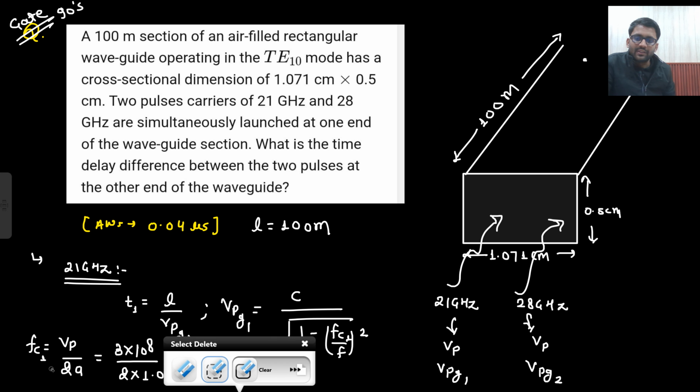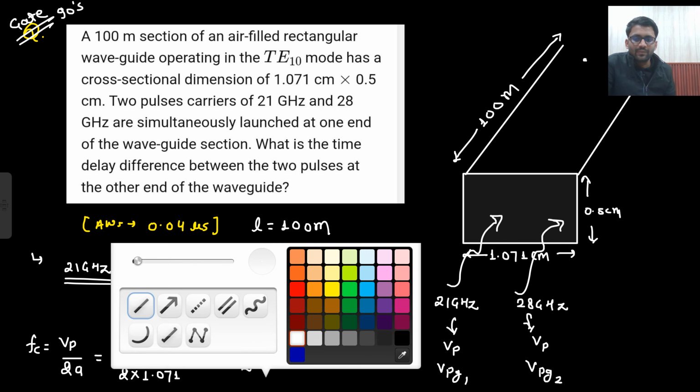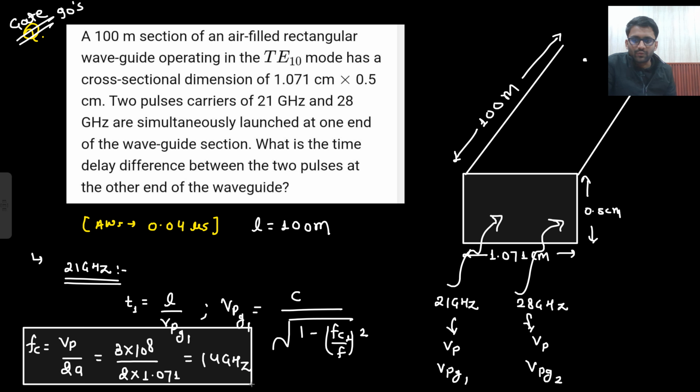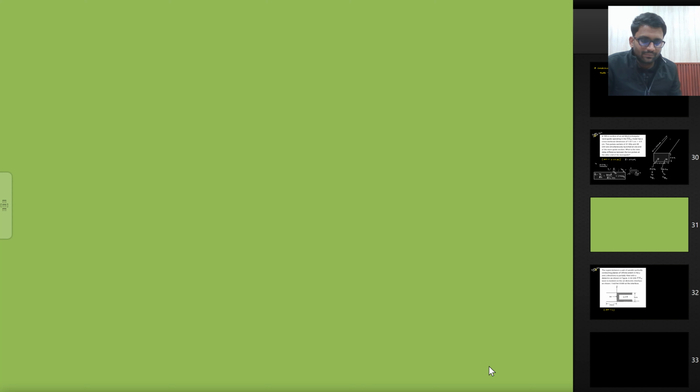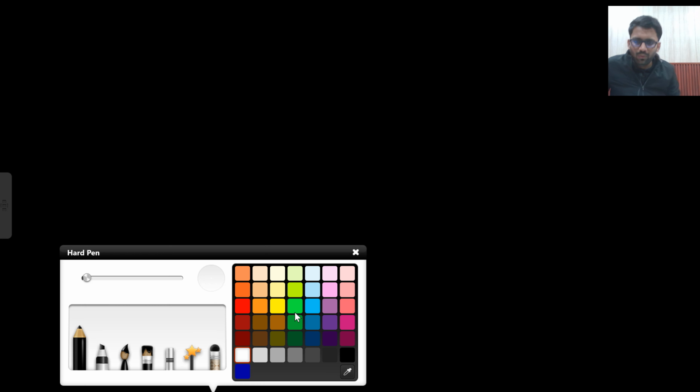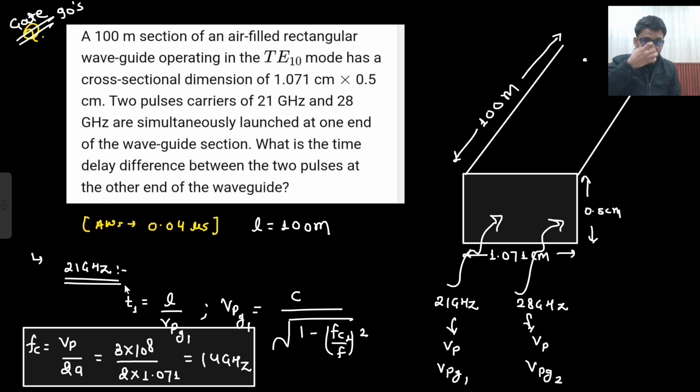So this is your FC. FC will be same for both of them. So your cutoff frequency will be same for both of them. So if I calculate T1, that would be 100 by, first let's calculate VPG1. So your phase velocity for 21 gig, what would that be?